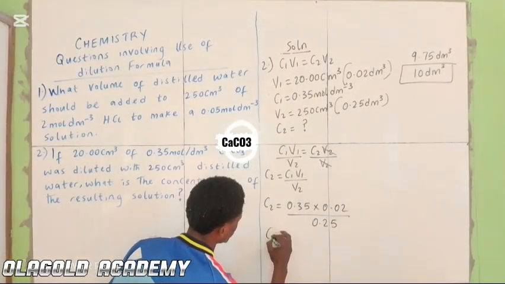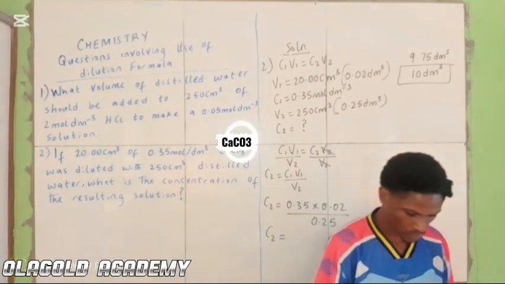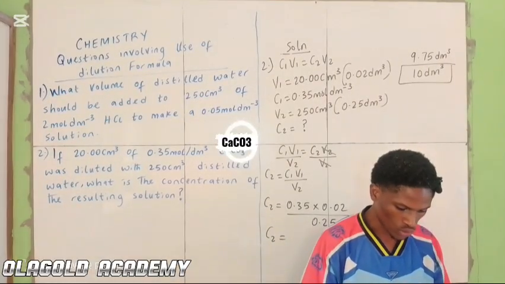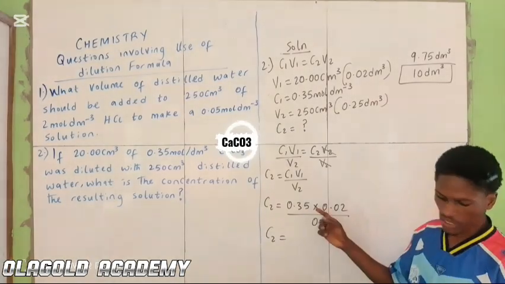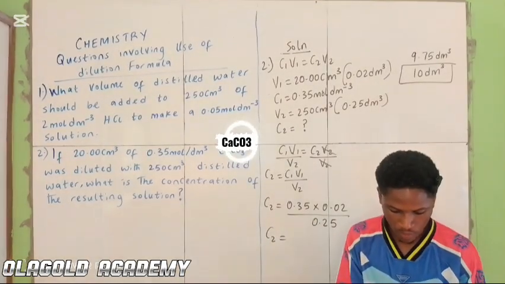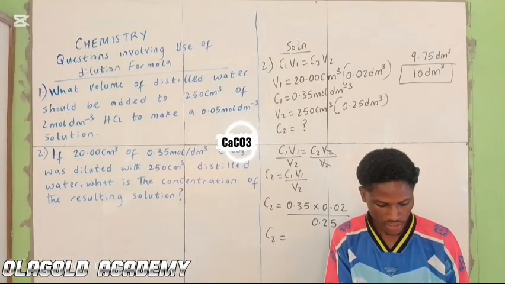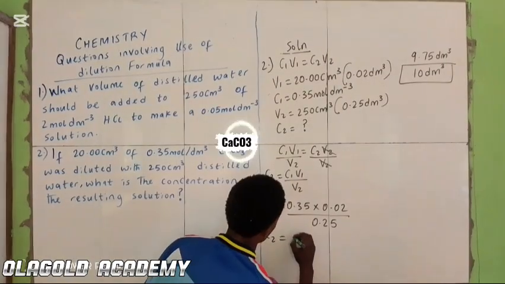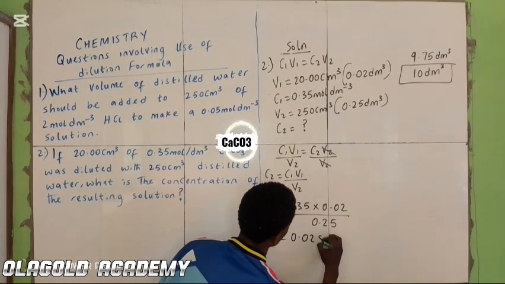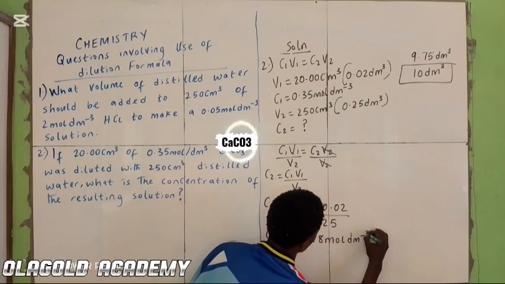All right, our C2 becomes, when we press our calculator, 0.35 multiplied by 0.02 divided by 0.25. All right, we get 0.028. So we have 0.028 mole per dm cube.